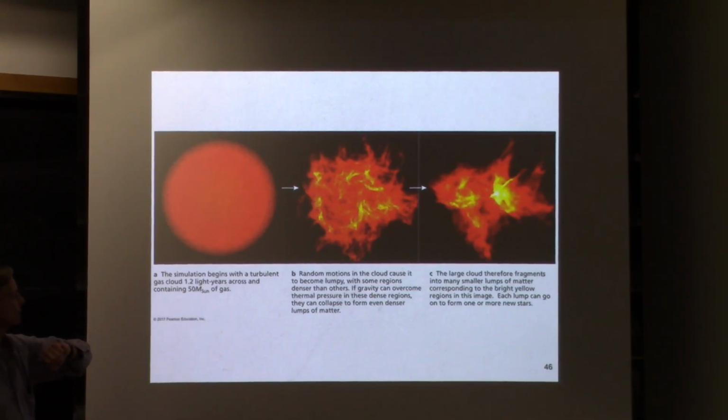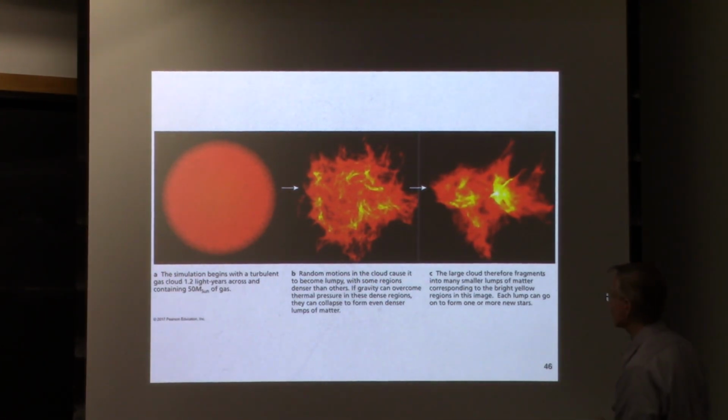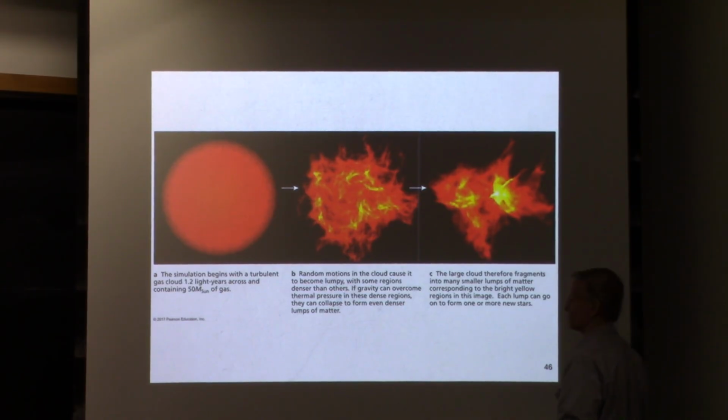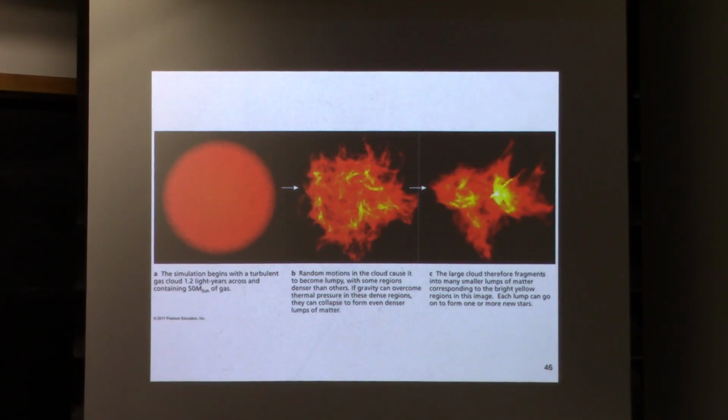If gravity can overcome thermal pressure in these dense regions, in other words, if they locally exceed the Jeans mass, they can collapse to form even denser lumps of matter. And so you get fragmentation, where you form multiple stars from a cloud, potentially an entire cluster of stars, because of fragmentation during the collapse process.